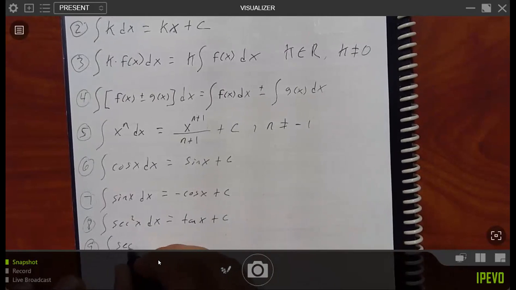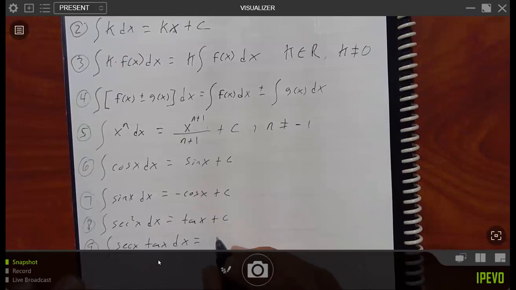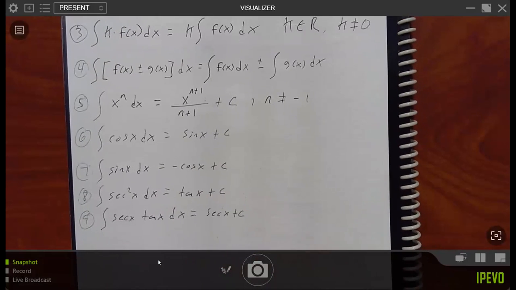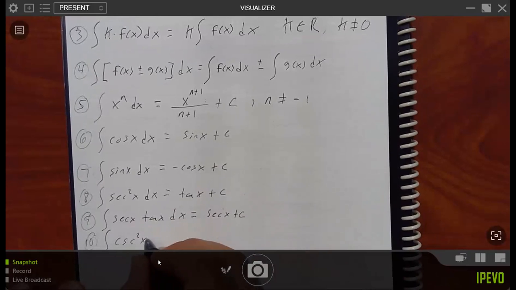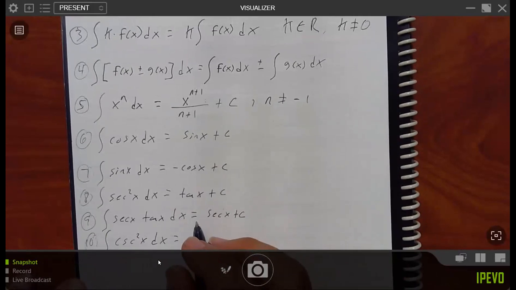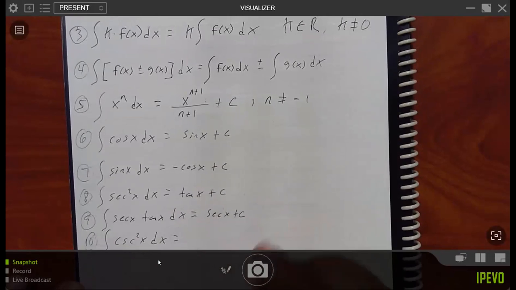Antiderivative of secant tangent would be secant. Antiderivative of cosecant squared x dx would be negative cotangent x plus c.